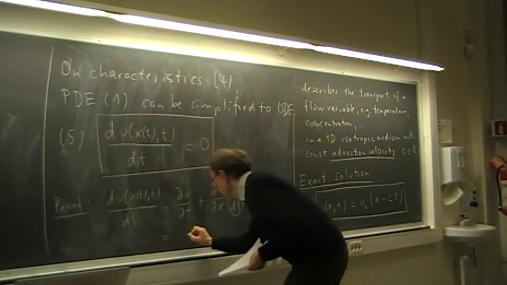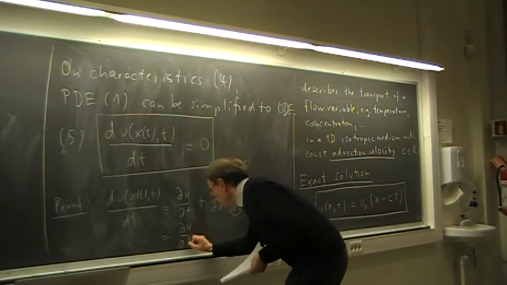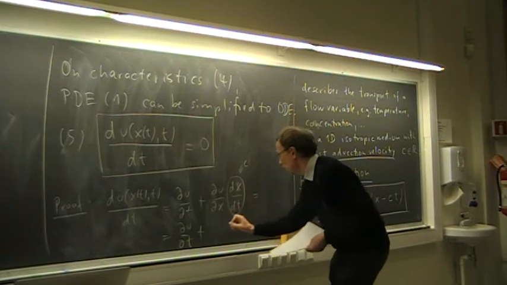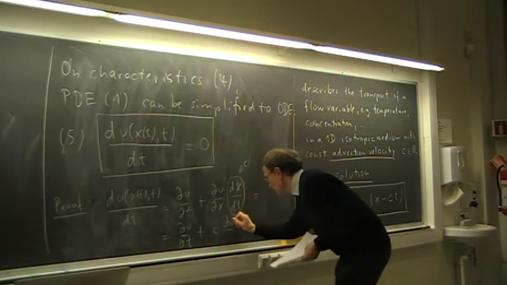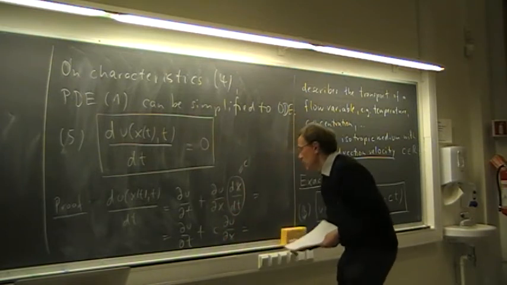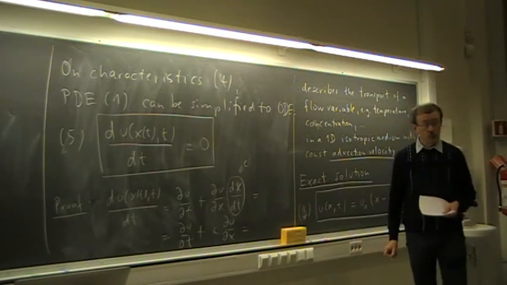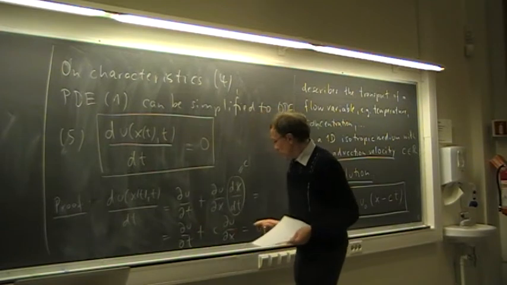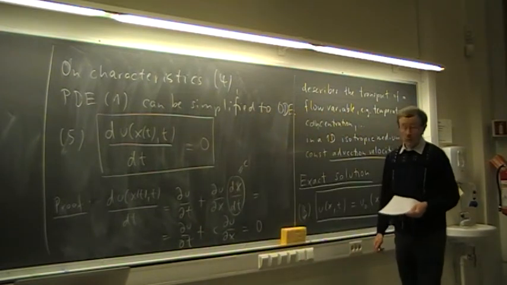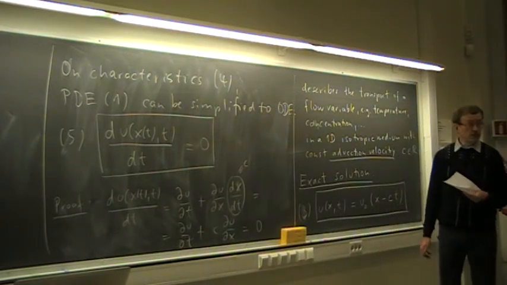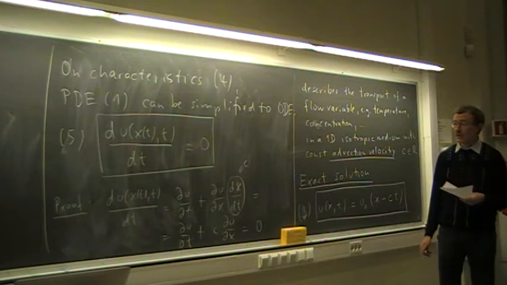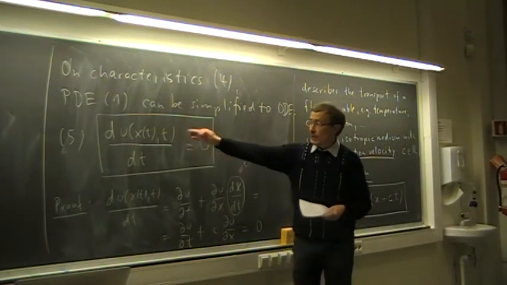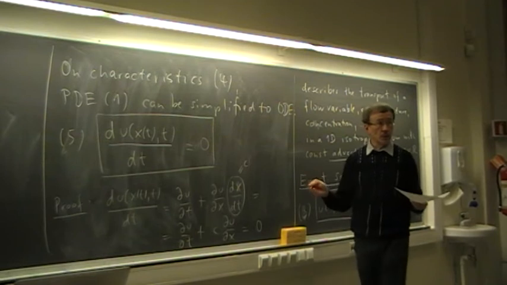So then we have here du dt plus, now we write the c in front, du dx, and we have assumed that u is a solution of that equation, so that is 0. So then this is true, and then we have an ODE. We have reduced the PDE to this ODE. That means u is constant on characteristics.